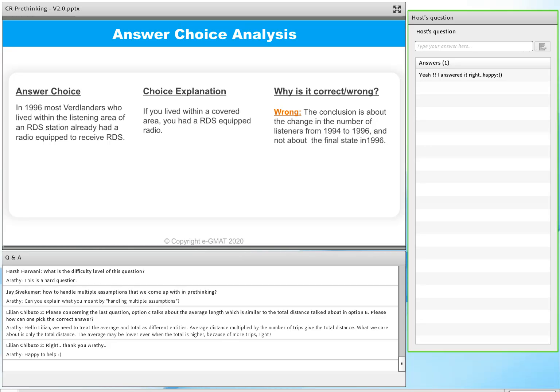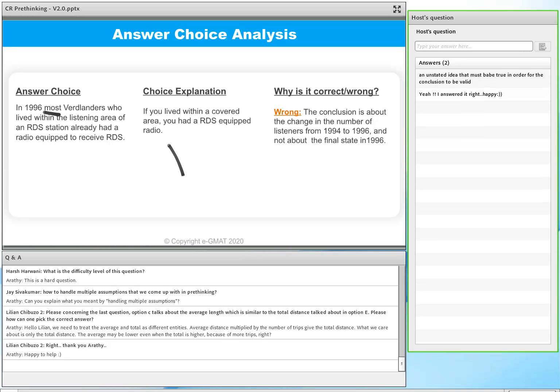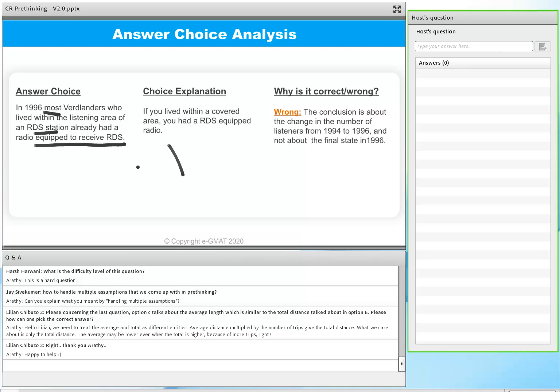Okay, choice B says in 1996 most, again let's start visualizing, most, let's call it 70%. Okay, 70% of the Worldlanders who lived within the listening area of an RDS station already had a radio equipped to receive RDS. What is my conclusion? The number of people between 94 and 96 remain the same, right?